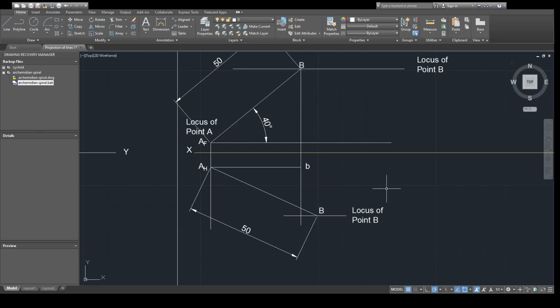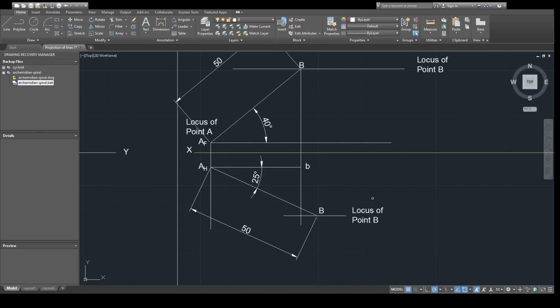So AHB is a true length in case of top view, whereas AFB is a true length in case of front view. So inclination is here, this is the dimension, 25 degree. Okay.